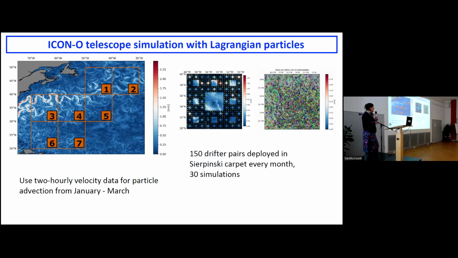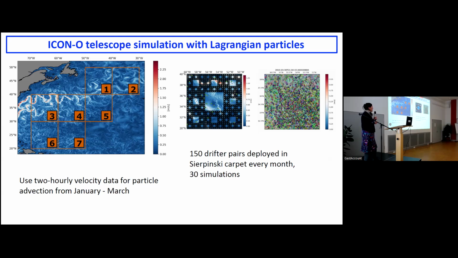The way this was done was that we explored a multi-scale self-similar deployment method where the particles were deployed in a Sierpinski carpet, which means that you cut out squares in a similar way, so you can see a bigger square, and the squares get smaller and smaller, and this is done in a self-similar way.